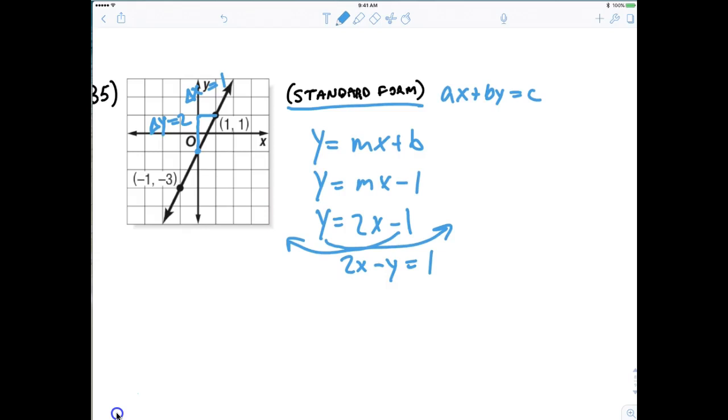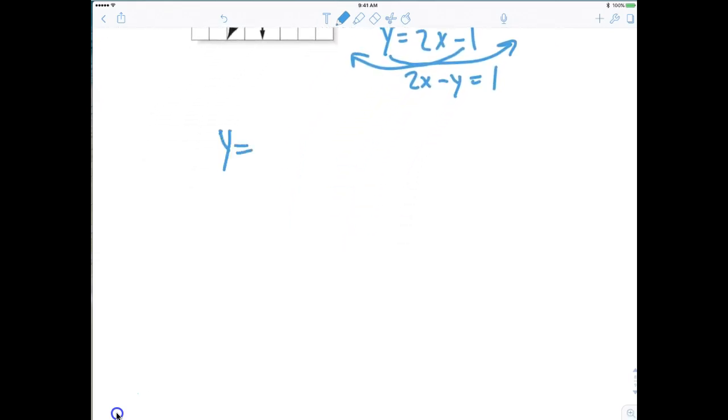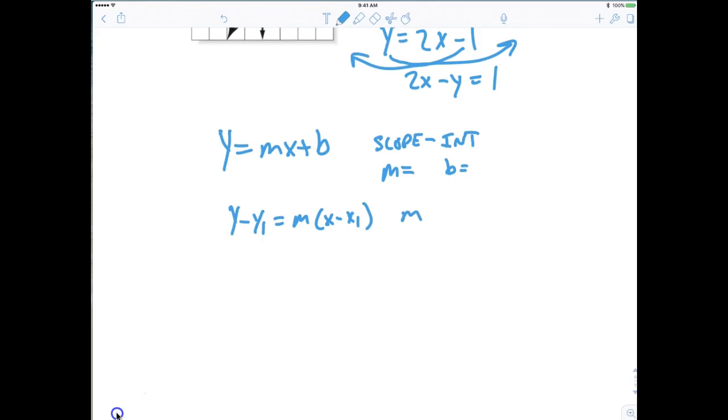Good for you. That is called point slope. All right, so just to review, y equals mx plus b is called slope-intercept because m is your slope and b is your intercept. Y minus y1 equals m times x minus x1, because m is your slope and x1, y1 is your point.